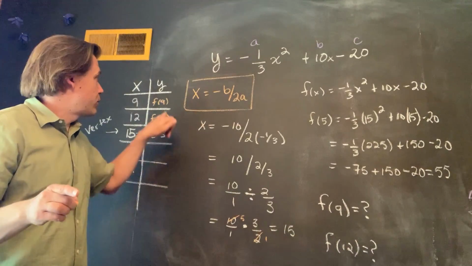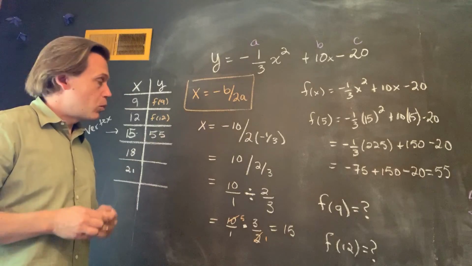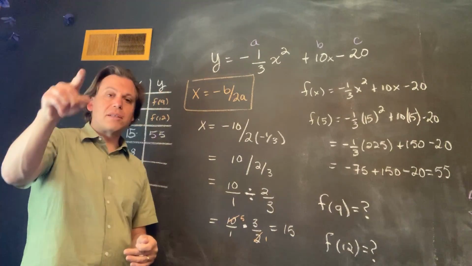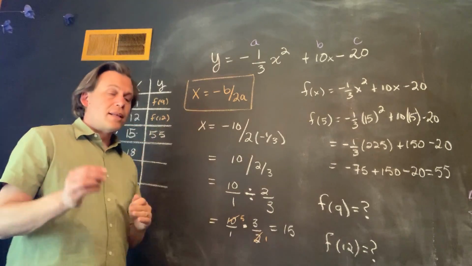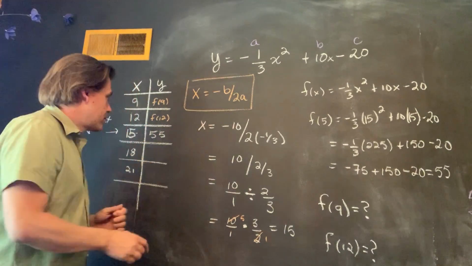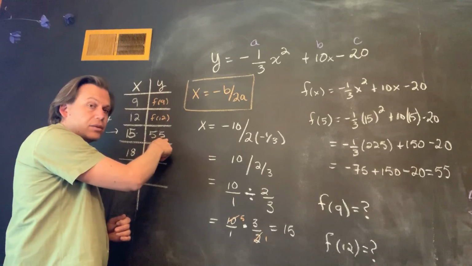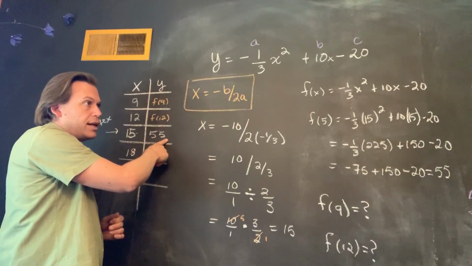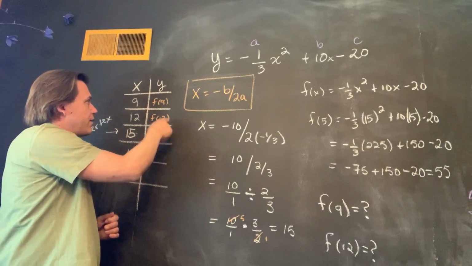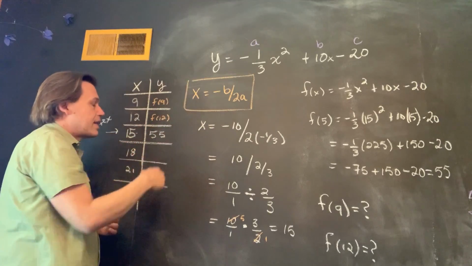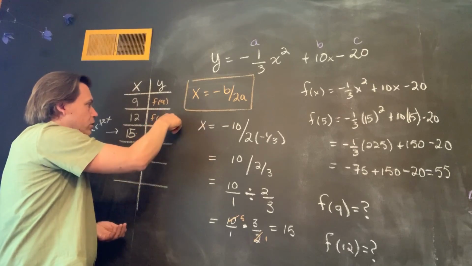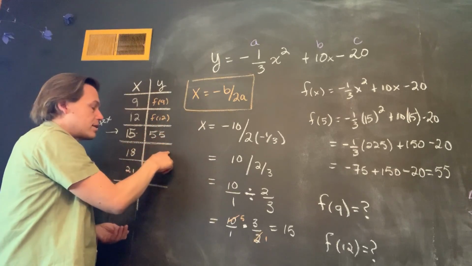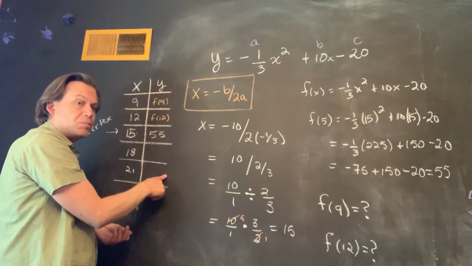If you did this work correctly, what ends up happening is it's a parabola, right? And if you are on the vertex here, that's the maximum point. So this is the maximum height right here, the 55. And whatever f of 9 and f of 12 is, they repeat. So it's going to go up, it's going to increase to 55, but then it's going to go back down after that point, because that's the maximum.